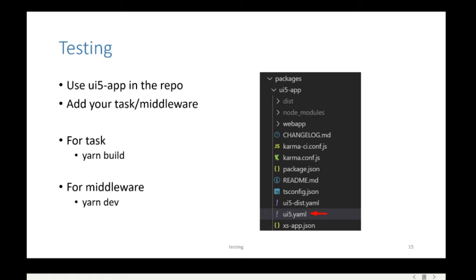The best way to do it, in my opinion, is using the UI5 app package that's already in the repository, and add your task or middleware in it, and then if it's a task, you can just use the yarn build command, and for middleware you can use yarn development.